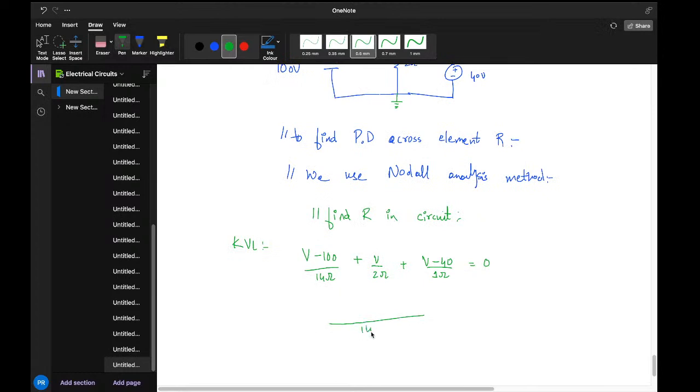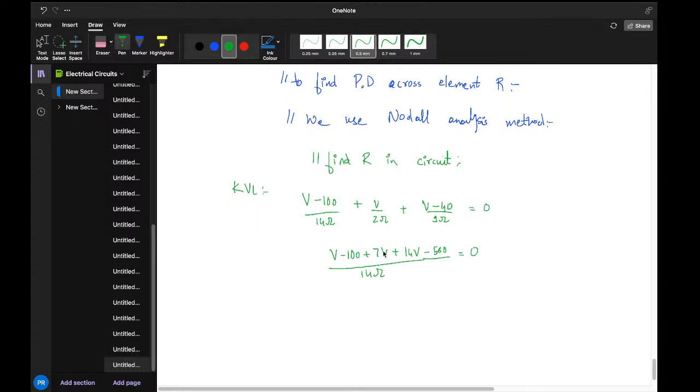With 14 ohm in the denominator, it's V minus 100 plus 7V plus 14V minus 14 into 40, which is 560, equal to 0. So adding up, 22V is equal to 660. So V is going to be equal to 30 volts.